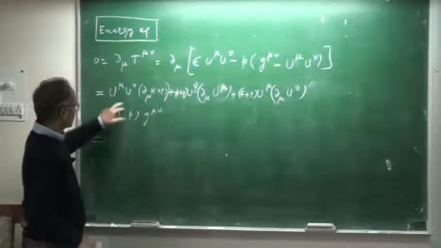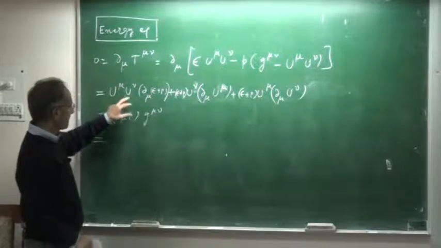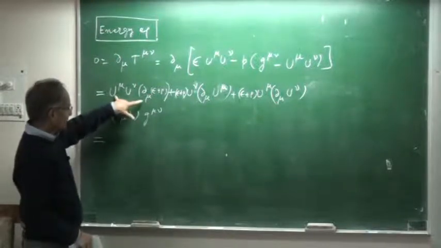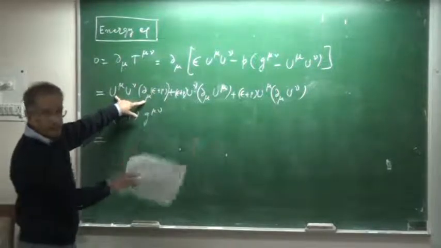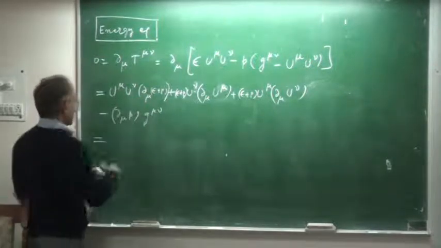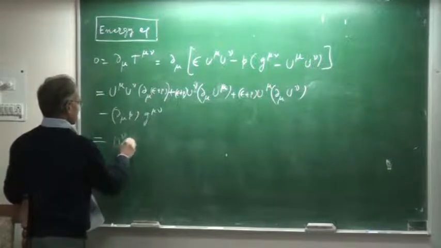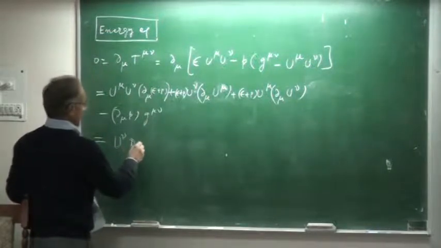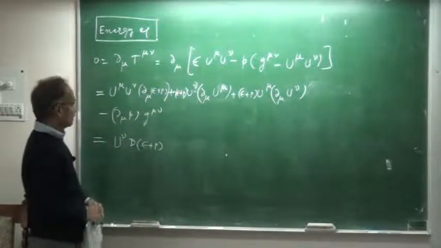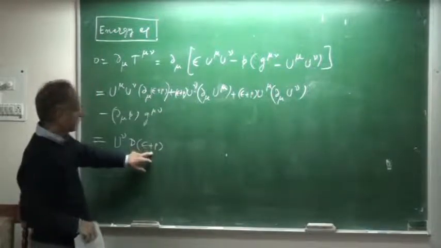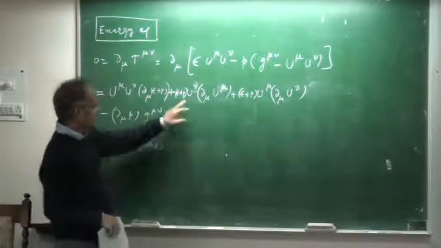Let's look at these terms one by one. What is u mu del mu? I had defined it there as capital D. u mu del mu is capital D, acting on epsilon plus p. This is the first term. What about the second term?